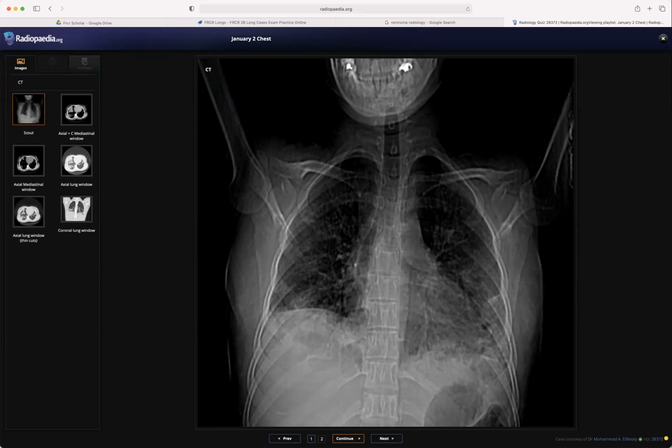Other than that, I'm not seeing any obvious abnormality in the lung fields, and the mediastinal contour is normal. So I would like to look at the CT images of the patient, and also I would like to know the clinical details of the patient.